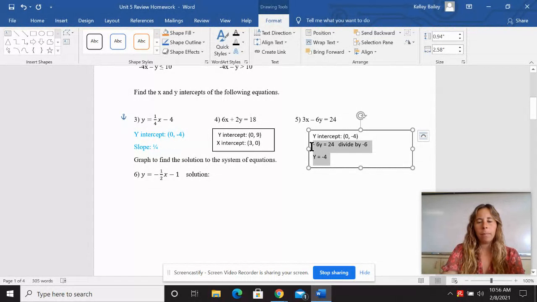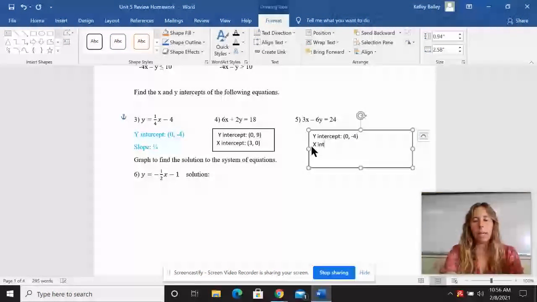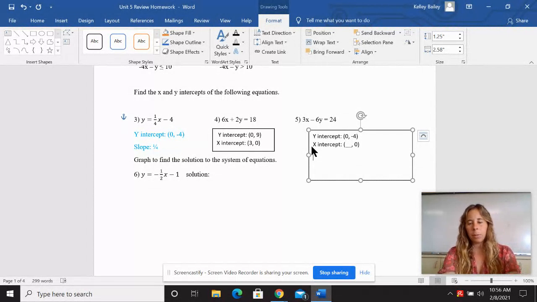Okay. The x-intercept, remember you're doing the opposite thing, so now we don't know what x is, but y is 0. So go ahead and substitute 0 in for y. So it'd be -6 times 0, which is just 0. So it gets rid of this term for you.